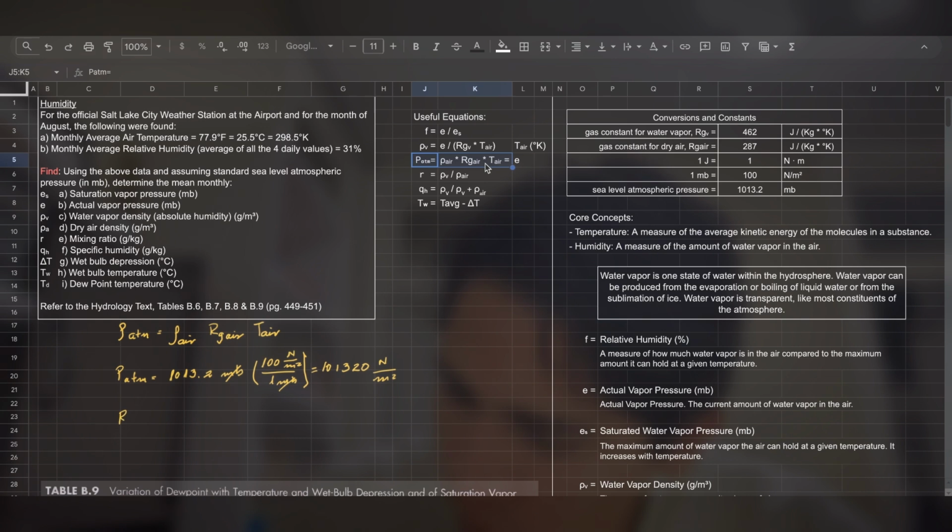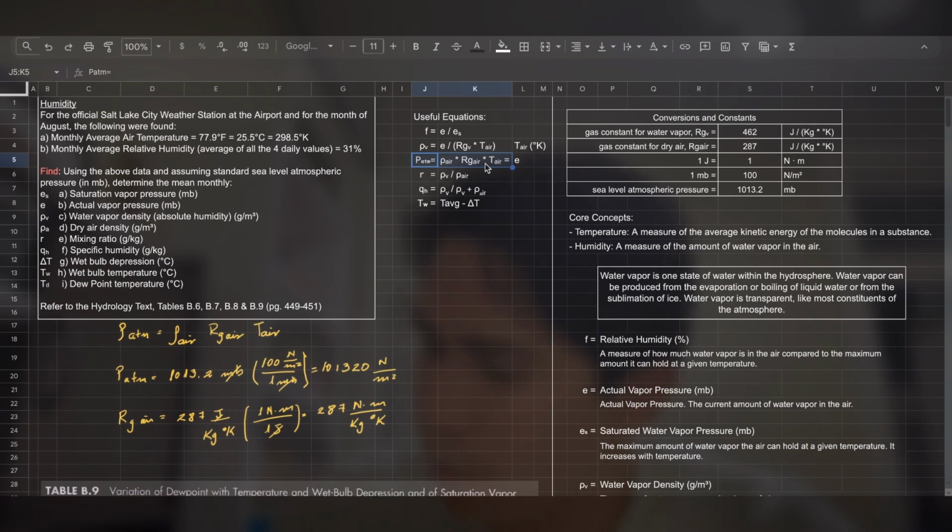Now, the gas constant for dry air is equal to 287 joules per kilogram degrees Kelvin. And as we did before, 1 newton times meter equals 1 joule. So joules cancel, and we have 287 newtons meter per kilogram degrees Kelvin.